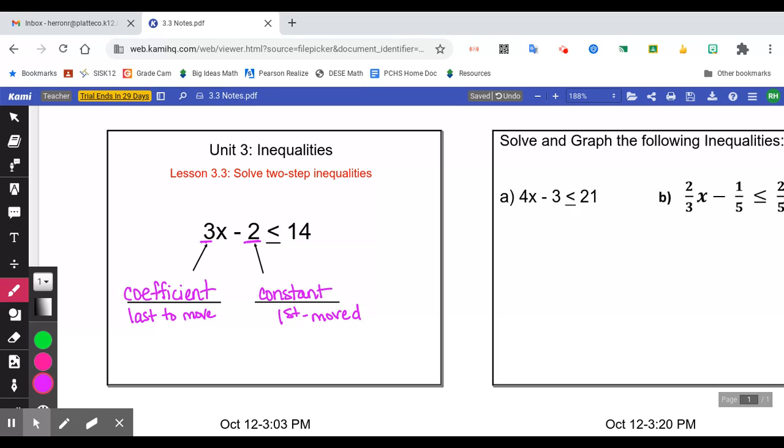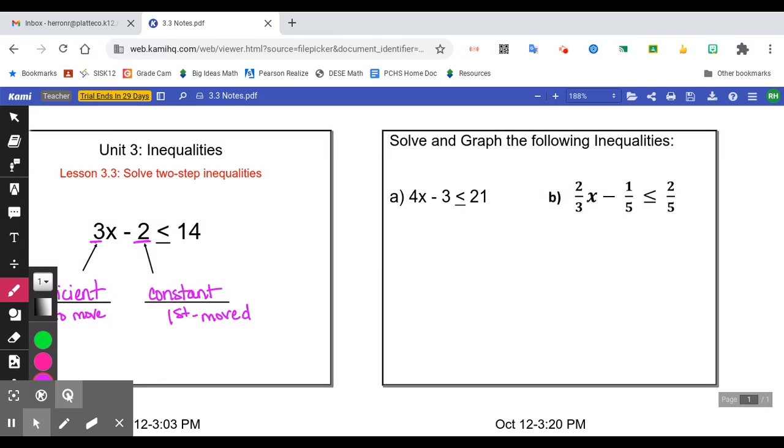So we're going to start with our two-step. Same exact thing. We're going to add or subtract most of the time with our constant and almost all the time with our coefficient, we're going to multiply or divide. All right, so first one, 4x minus 3 is less than or equal to 21. We're going to solve it and then graph on the number line like we've been doing with our other ones in 3.2.